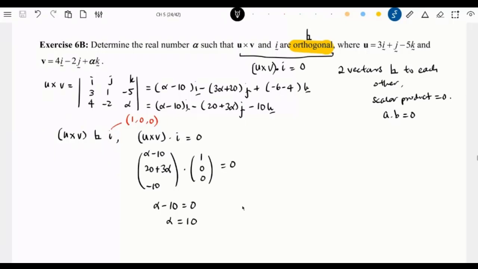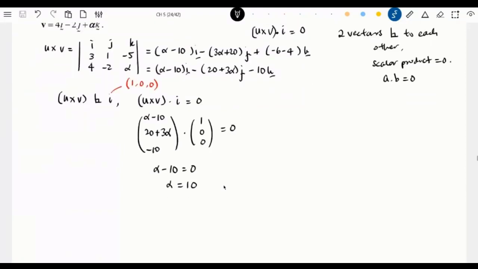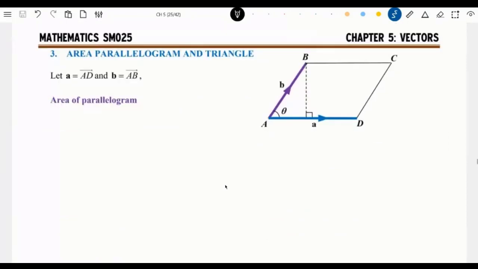Okay, the next one will be application of cross product, which is to find the area of parallelogram and triangle. So kita akan apply cross product as well. Okay, so we go through for the technical part. Macam mana wujudnya formula untuk area of parallelogram. Okay, so we have it here. It's diagram for parallelogram. So label sama juga.